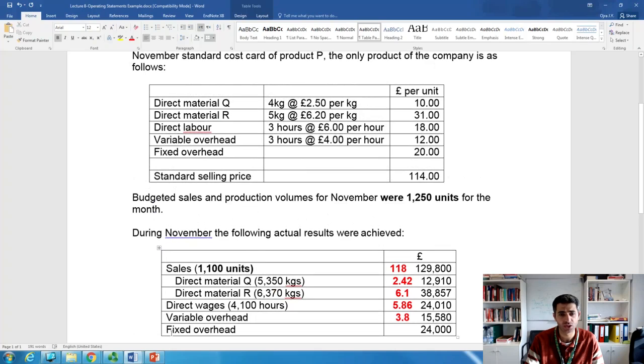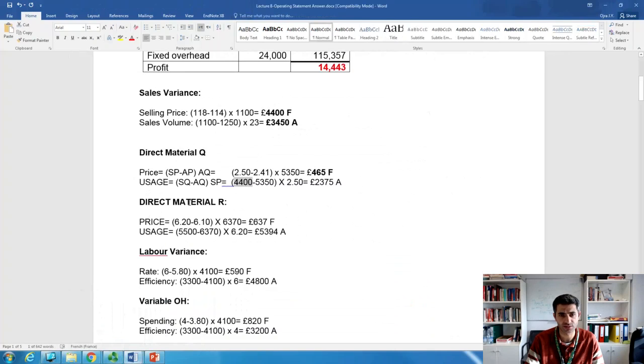If you multiply it, you should be able to find the answer, which is 4,400 kilo. Minus the actual quantity. The actual quantity for material Q is 5,350, and multiply by the standard price, which is 2.50. You should be able to find the answer is 2,375.